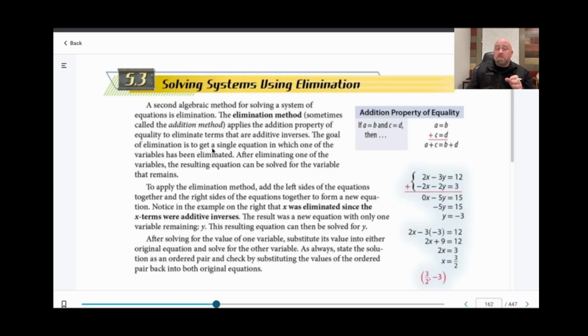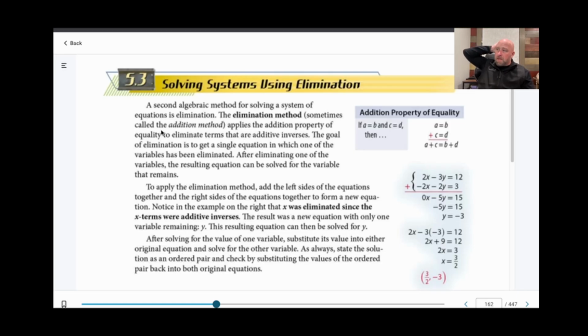In this method of solving systems, we're going to use both of the equations together, and we're going to get both of those equations to give us a new equation, a third equation. And that third equation is going to have either x or y eliminated from it. Okay? So that's the elimination method.